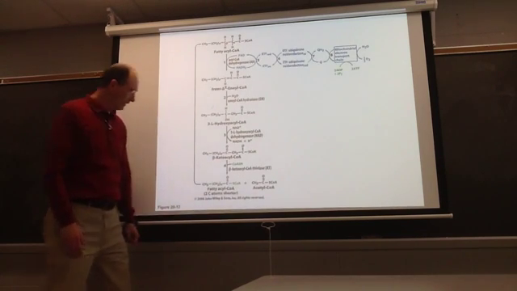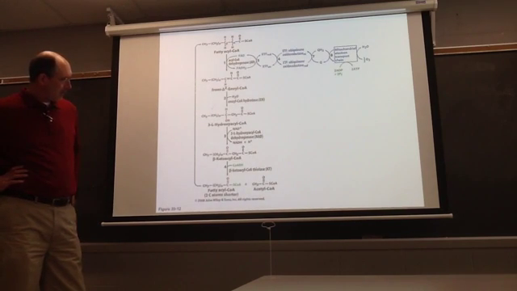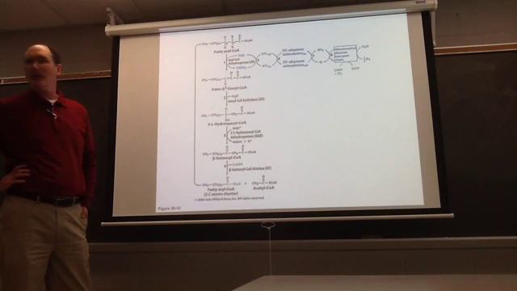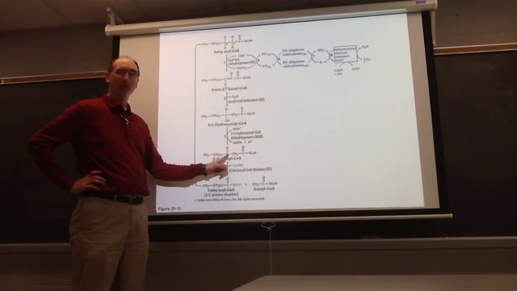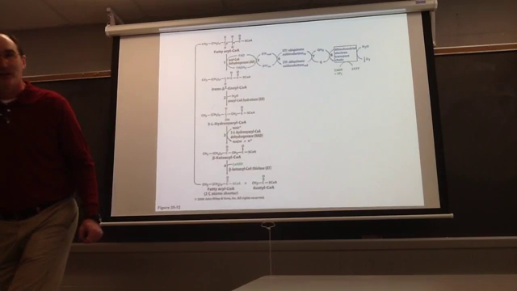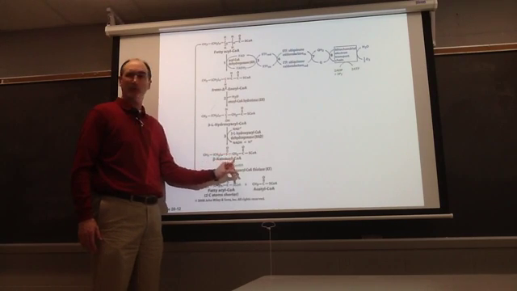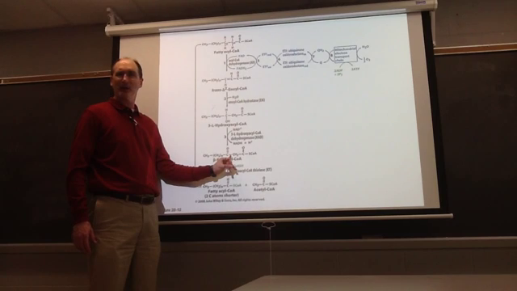This is one of the times that I think your author is a little bit misleading with their color scheme, because here coenzyme A acts as a nucleophile in a nucleophilic acyl substitution. This becomes an acyl derivative with a leaving group on it. Where do those electrons go? With the carbon.